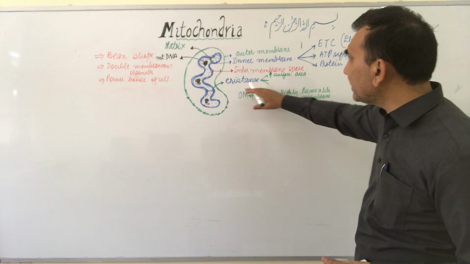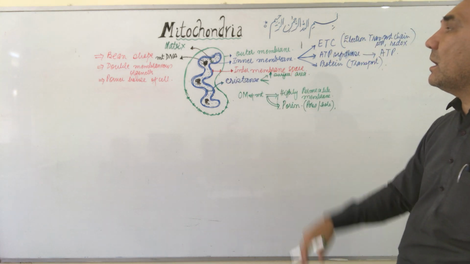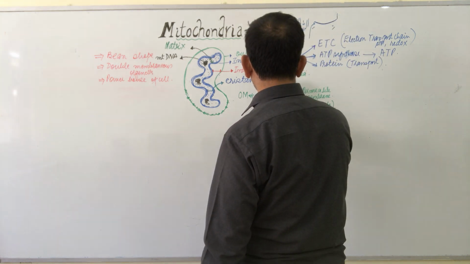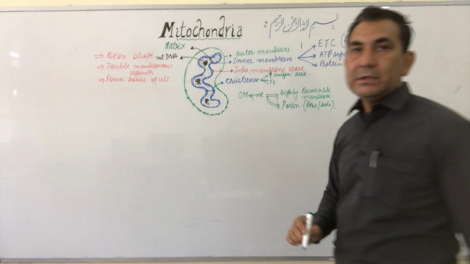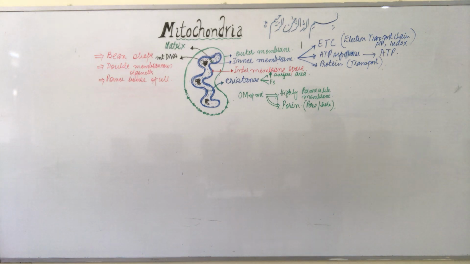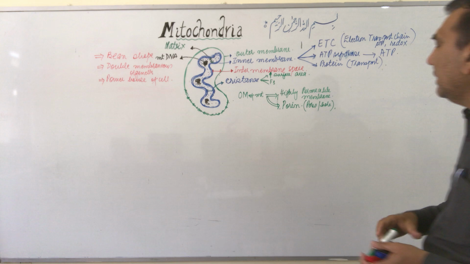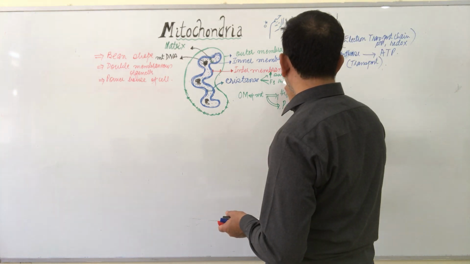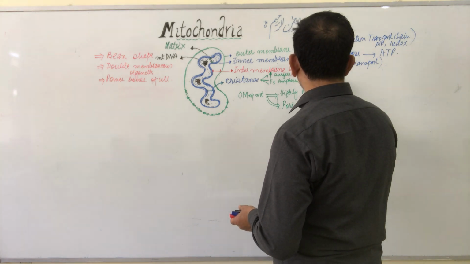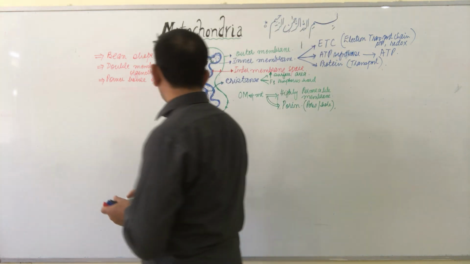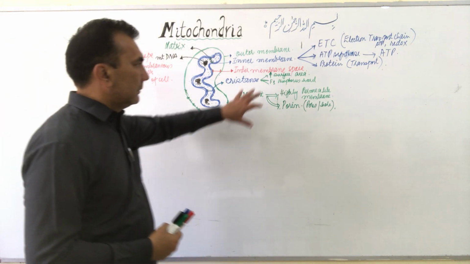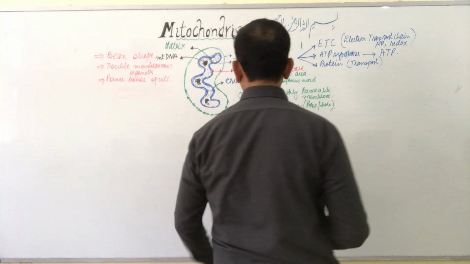So the cristae increase the surface area of the membrane, and this is where the F1 head is. The F1 head is responsible for the production of ATP; this head helps in the production of ATP.